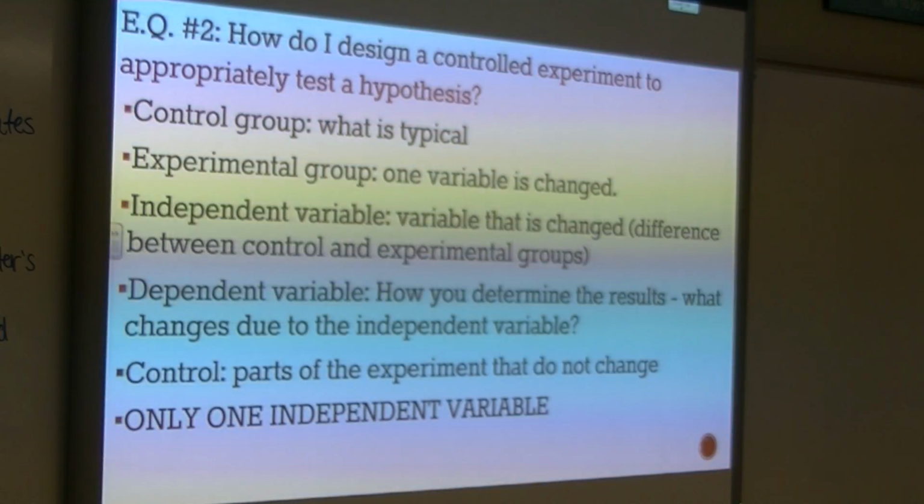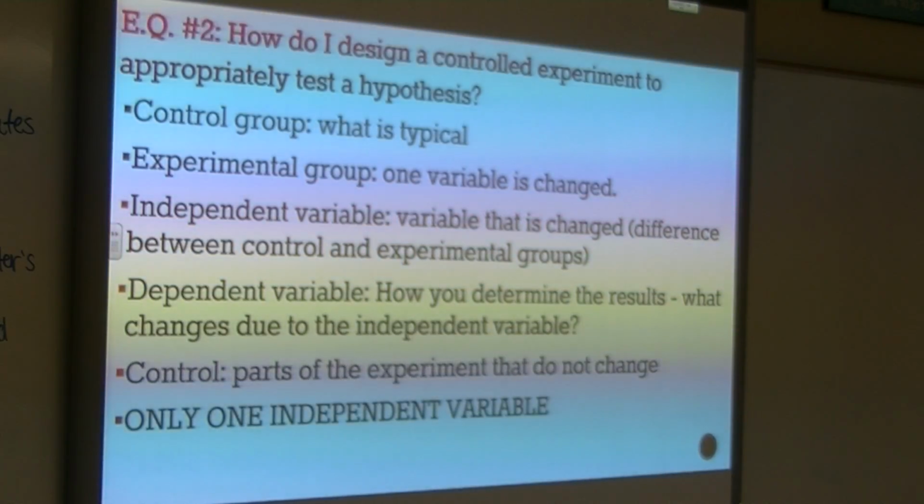The control, so different from the control group, this is the control, are the parts of the experiment that do not change. So everything else has to stay the same. So in that example, the water, how much water the crops get, sunlight, you don't want one field to be in the shade and one field to be in full sun.